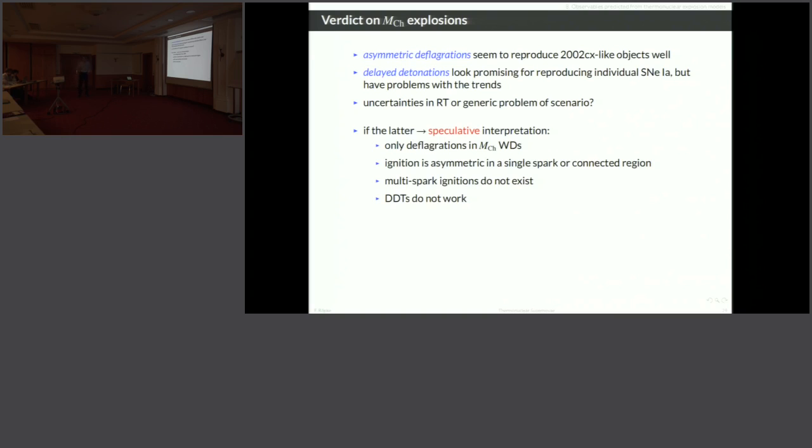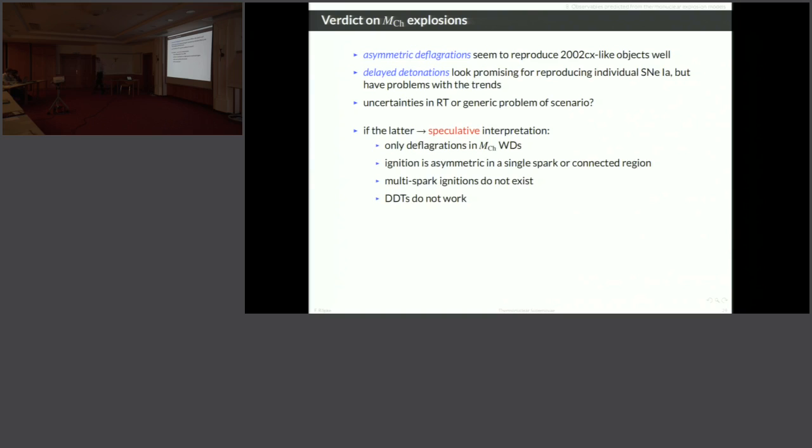And the ignition is, according to also what is found in pre-ignition convection simulations, just asymmetric and in a single spark or connected region off center, and multi-spark ignitions don't exist. So this would lead to the interpretation that all Chandrasekhar mass white dwarfs do is asymmetric deflagrations leading to objects that look like these 02cx-like Type Ia supernovae, but normal Type Ia supernovae would not be produced by this.